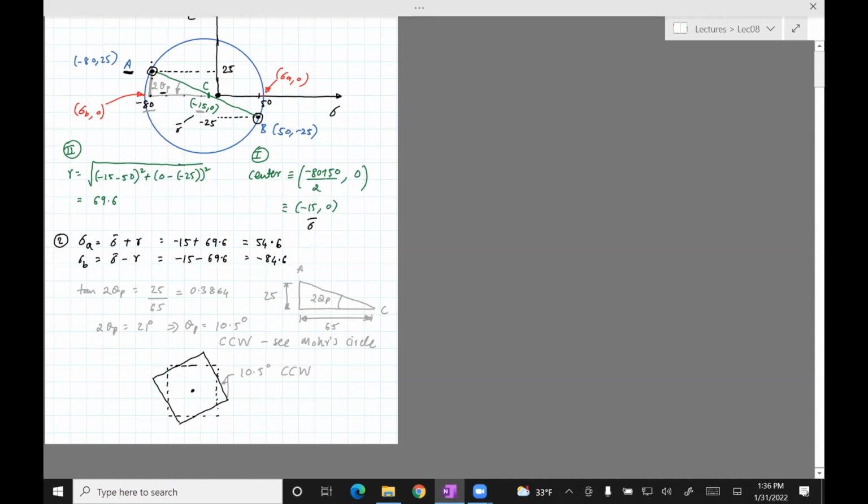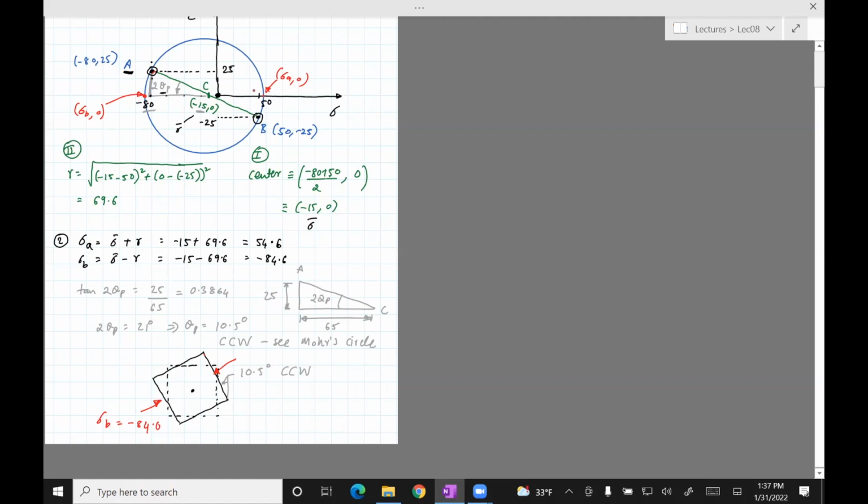So in this case, when you go from A to B, which we have done here, face A would now have a stress of sigma B. So this is face A now, because it's turned by 10.5 degrees. Its stress would be sigma B, which is minus, I think, 84.6.